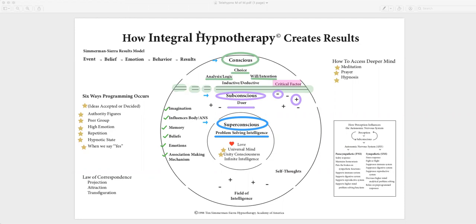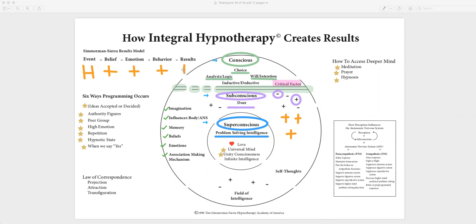So if you think about by doing hypnosis, you receive positive beliefs. So if you add it in here, you receive positive emotions. You receive positive behavior over and over as you're doing your self-hypnosis and spending time with me doing hypnosis.